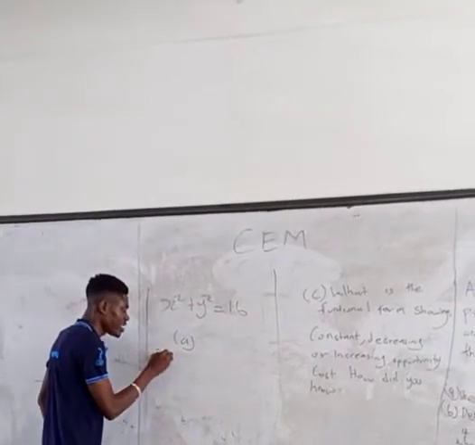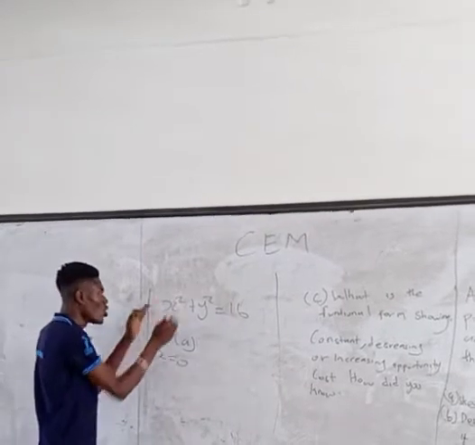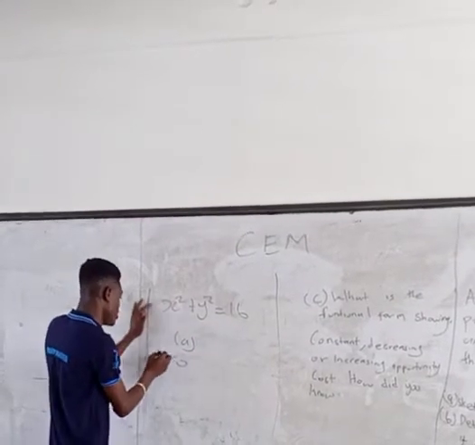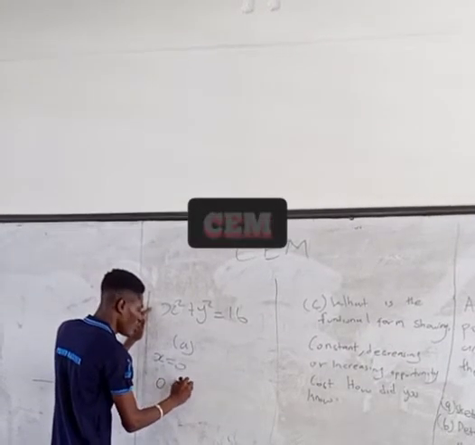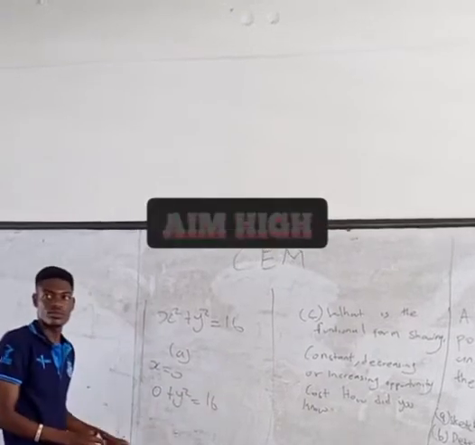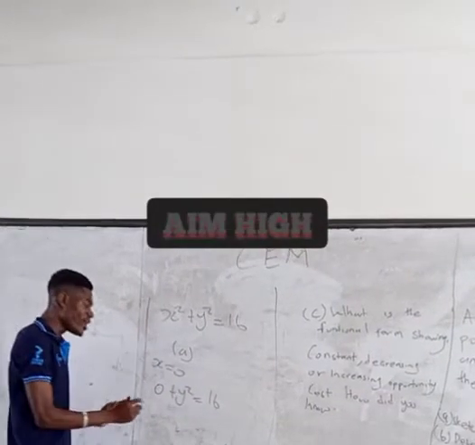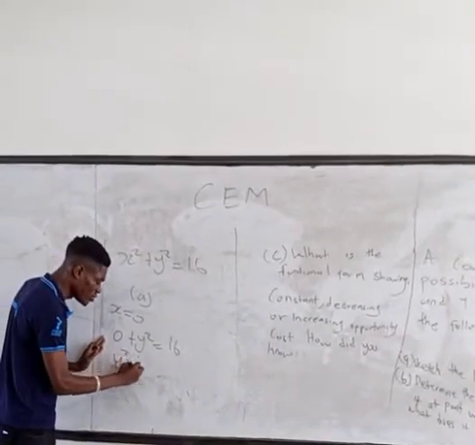Let's put x to 0 first to get y. So for the intercept of y, x is equal to 0, so it becomes 0 plus y squared is equal to 16. We are finding the intercept of y. 0 means nothing, so y squared is equal to 16.